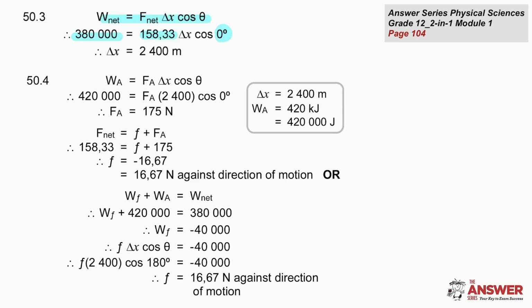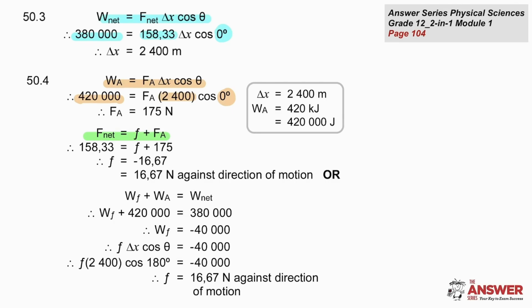There are two ways to find the frictional force. The first approach is to use the work done by the car engine to find the applied force of the engine. We need delta x from the previous step, and the angle between the two vectors remains 0 degrees. We then do a vector sum.